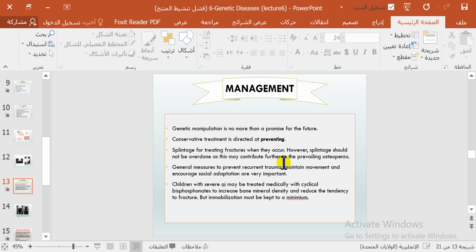How do we manage this case? Genetic manipulation is no more than a promise for the future. Conservative treatment is directed at prevention, usually by family planning, advice about marriage with relatives, managing the family and arranging family planning, and surveying the relatives.